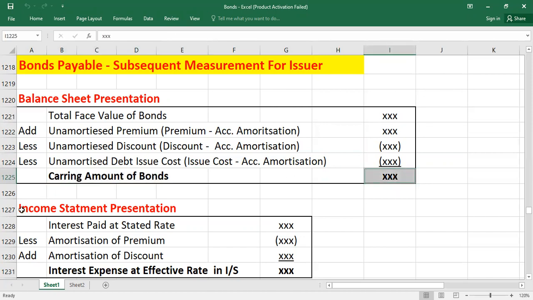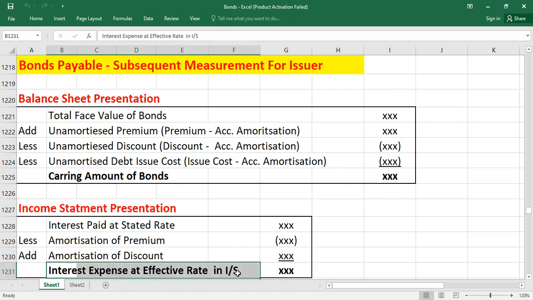Now we have the income statement presentation. Under the income statement, we always record our interest expense at the effective rate. What is the effective rate? We will see. Usually we can reach the interest expense at effective rate by taking this format.